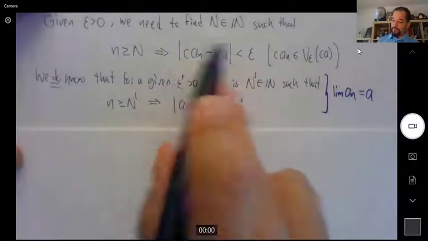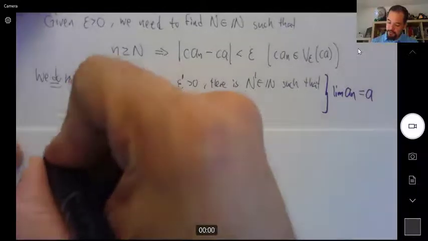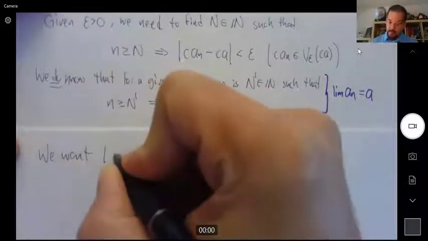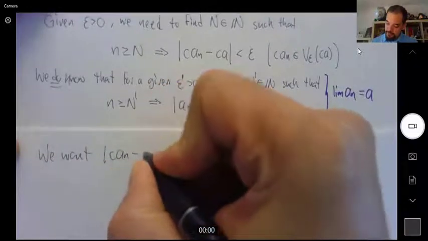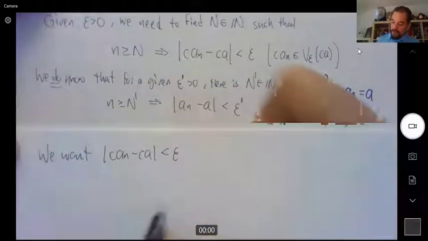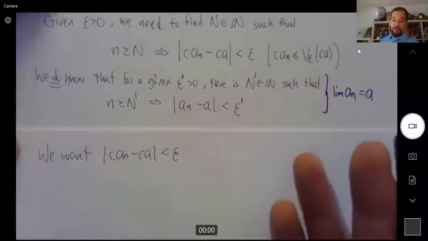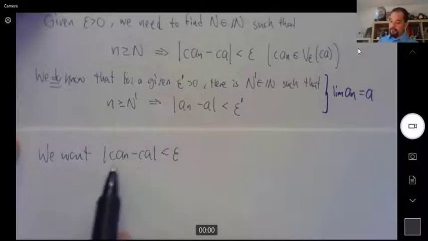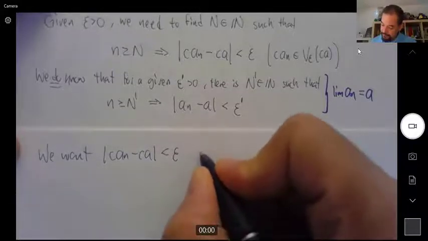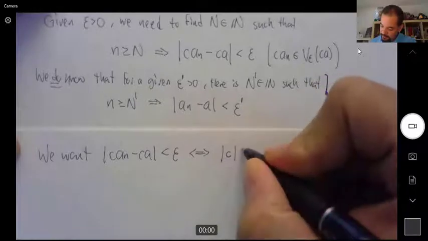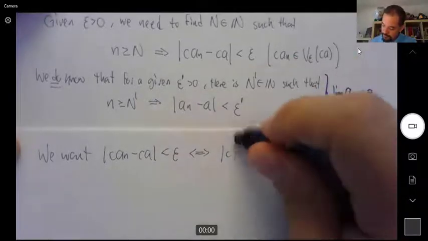You start from the top one, and you say, okay, we want |CAN minus CA| to be less than epsilon. How can I relate this to that one? This is actually one of the easiest ones. Clearly, you can factor the C, right? So this is equivalent, if I take the C out in absolute value. Let me go step by step.